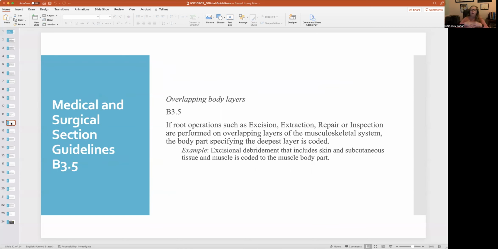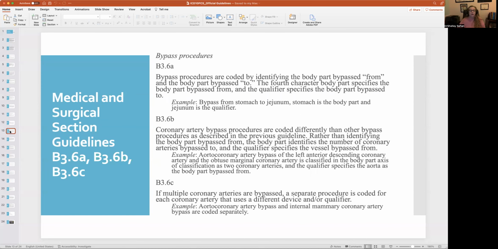Overlapping body layers. This happens. And bypass, which you know generally is done from the heart, except no, not anymore.